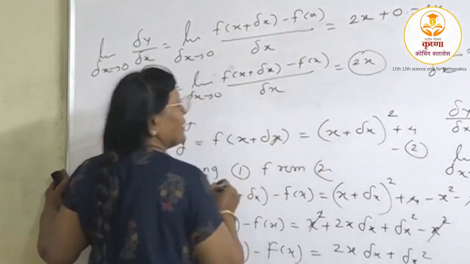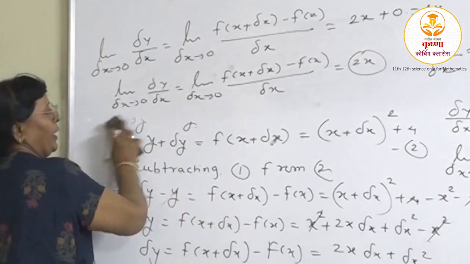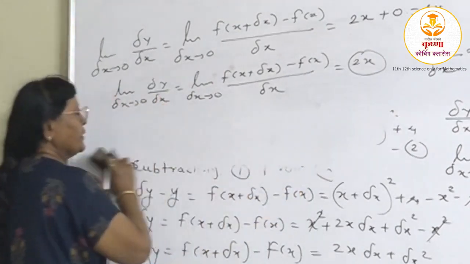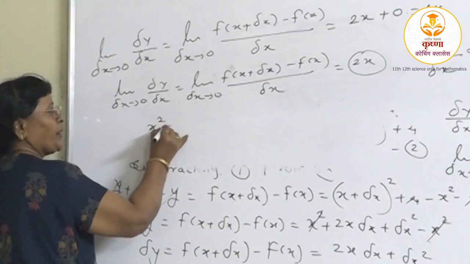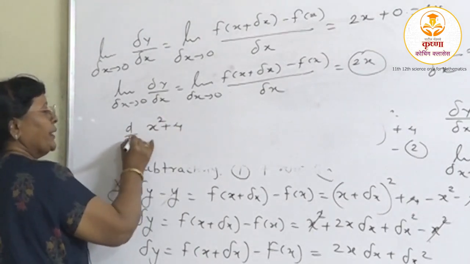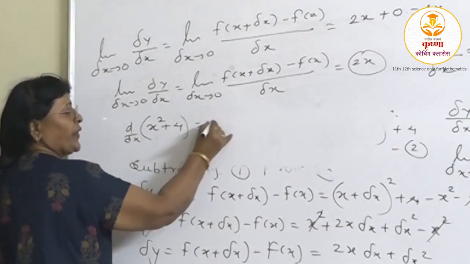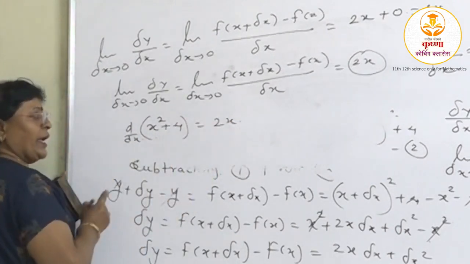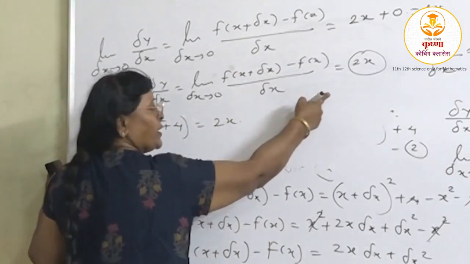That 2x is the answer, because I have taken the example x square plus 4, and all of you know the derivative of x square is always equal to 2x, isn't it? Therefore, here you have got the answer.